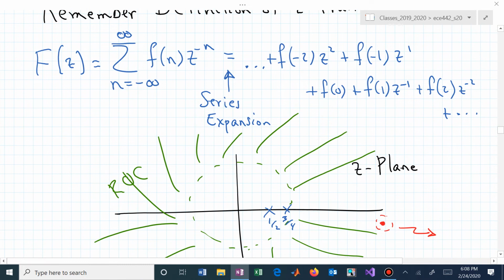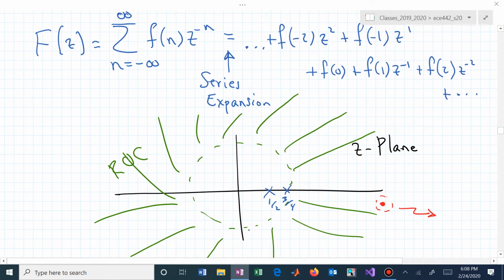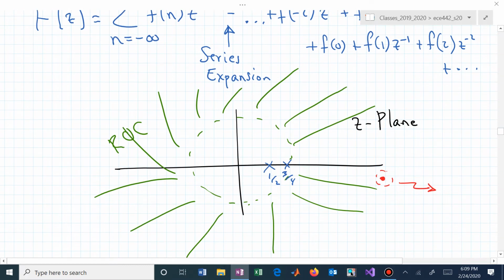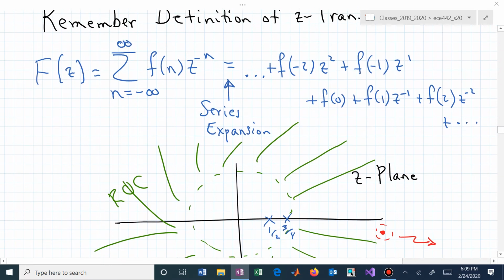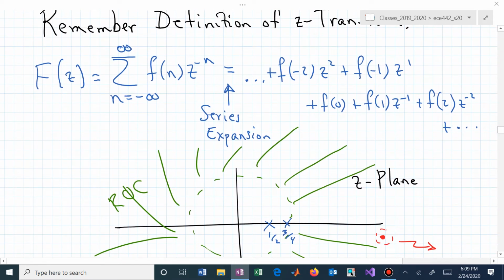The region of convergence was all the way beyond 3/4, meaning one of these points could actually go off to infinity, and that forces some conditions on these coefficients that scale the z to the minus 1 powers.